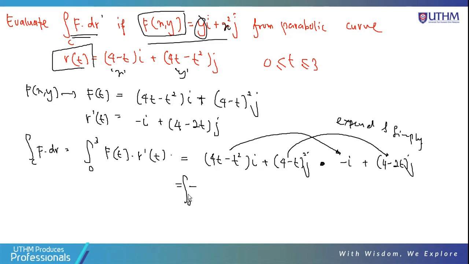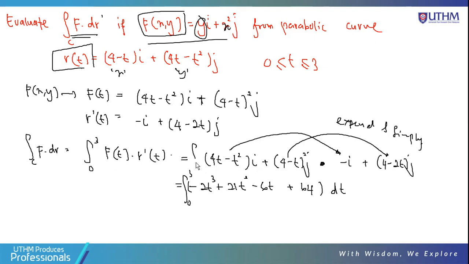Integrate from 0 to 3 negative 2t cube plus 21t square minus 60 minus 64, and you need dt, because everything is in the form of dt.